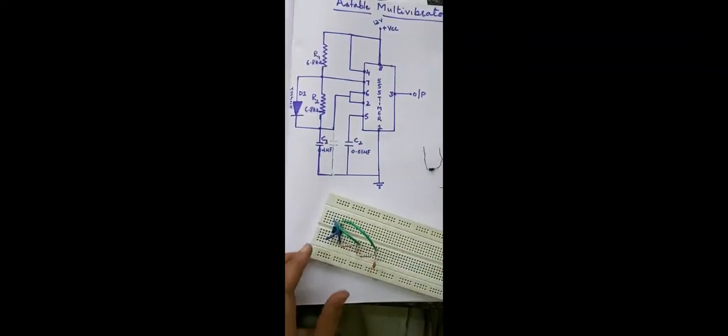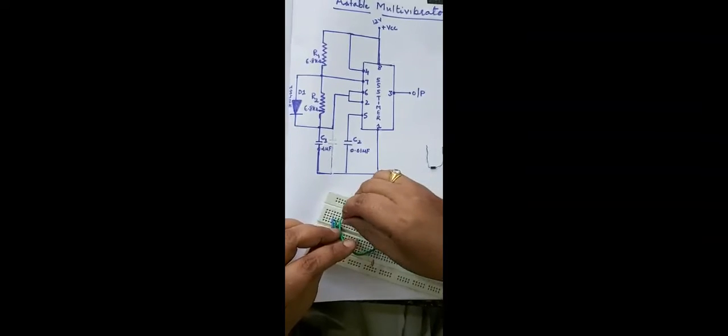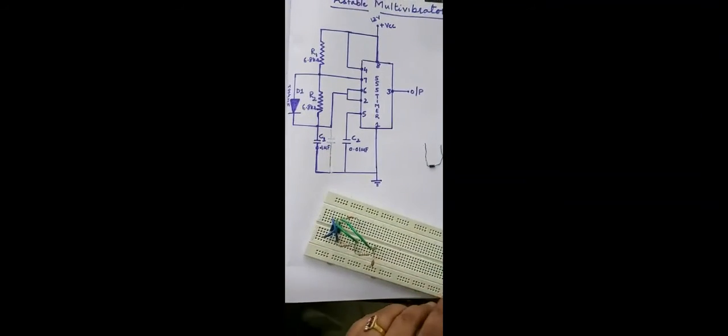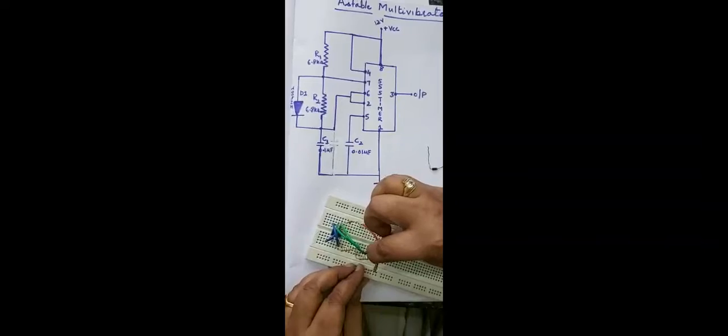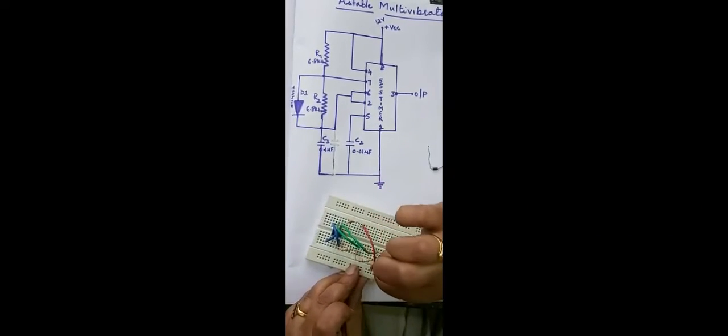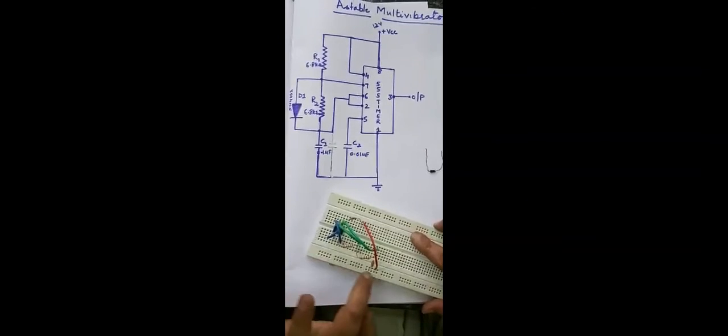And for pin number 5, you should connect the 0.01 capacitor to the ground. So pin number 5 is here. I will connect one end of the capacitor there, and the other end is given to the ground. So this side I am making it as ground.